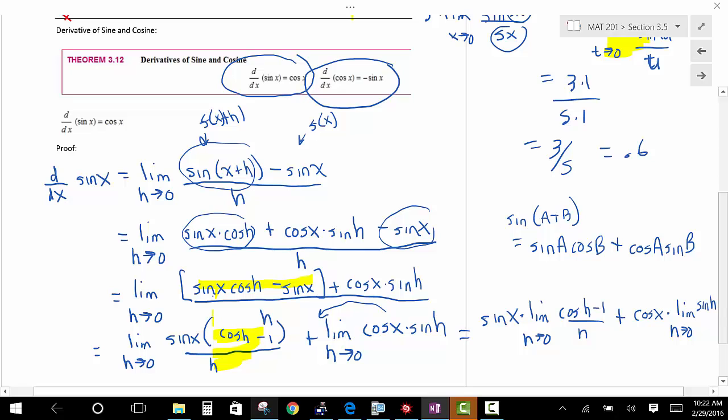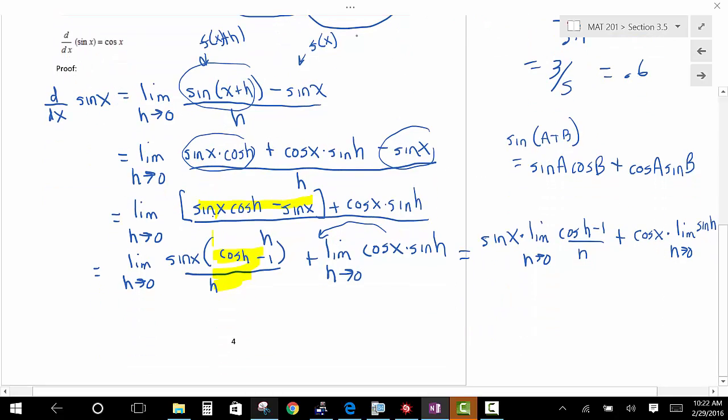Sorry, I'm running out of room here, but I'm almost done with it. So here's the idea. This thing right here we did figure out was 0. So that means you're going to have sine of x times 0. You bring down the cosine. Now, you guys remember what the sine of 0 is.